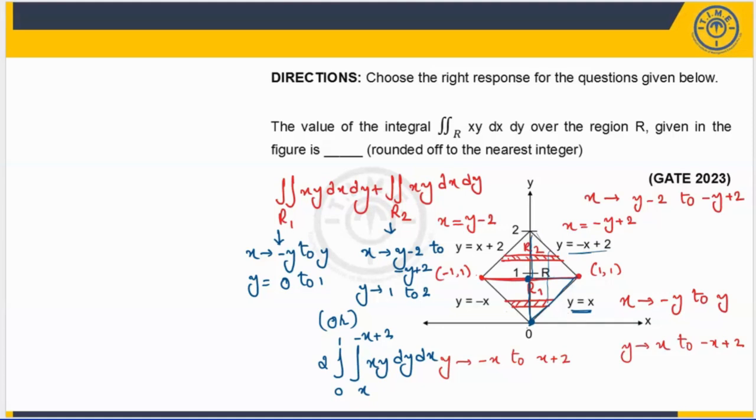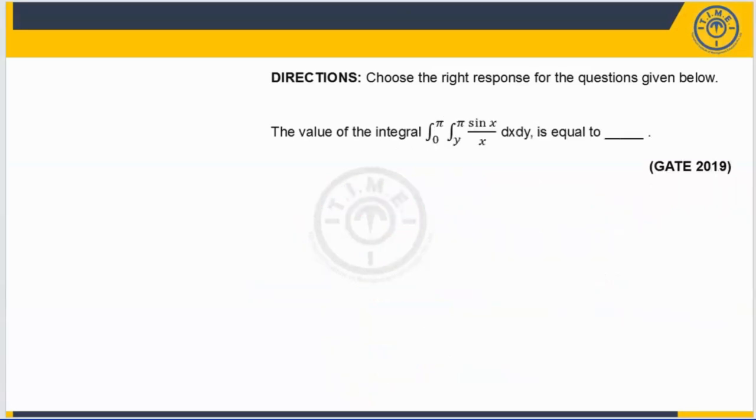All right. And there is one more. This one was asked for EC in the year 2019 for 2 marks. Now, the value of the integral: integral from 0 to pi, integral from y to pi, sin x by x.